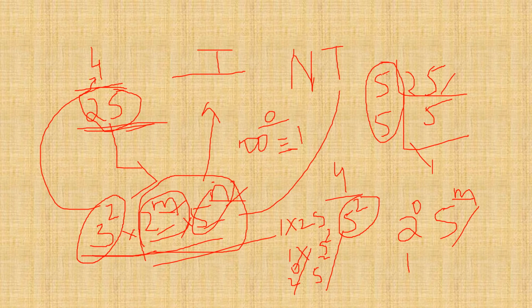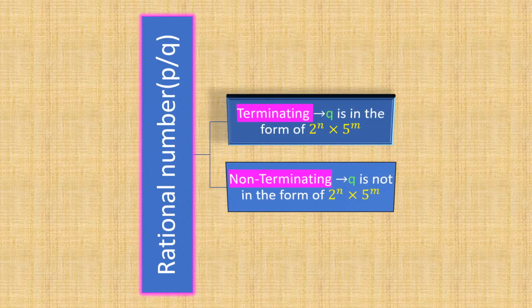Okay, I'll give you the flowchart of this. A rational number is in the p by q form. When you divide this, you'll get the decimal expansion, which we discussed in the previous slide. Here, without seeing the decimals, by seeing the p by q form only, we should say whether it is terminating or non-terminating by seeing the denominator. If you write p by q, q is the denominator.